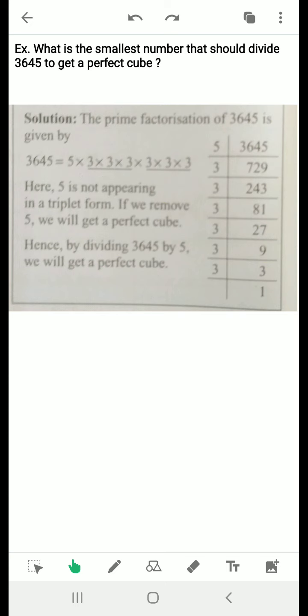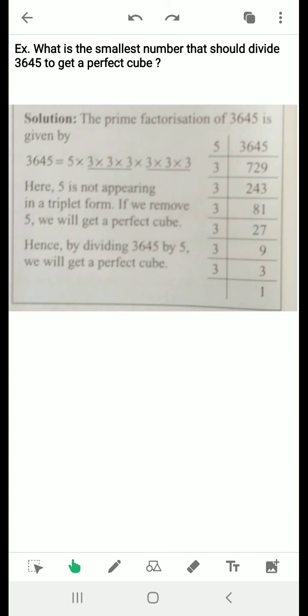So if we divide the number by 5, this 5 will be cancelled out. So we need to divide it by 5 to get a perfect cube, because 5 is extra.